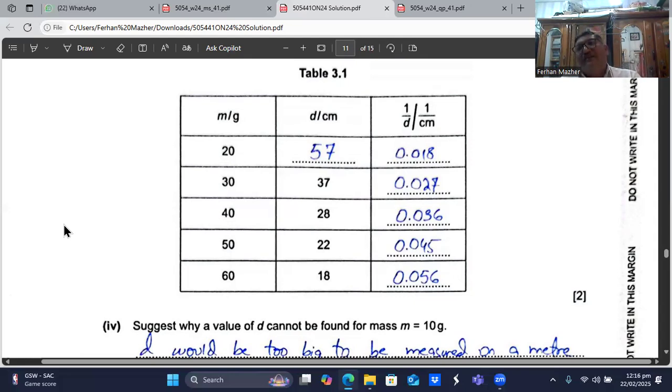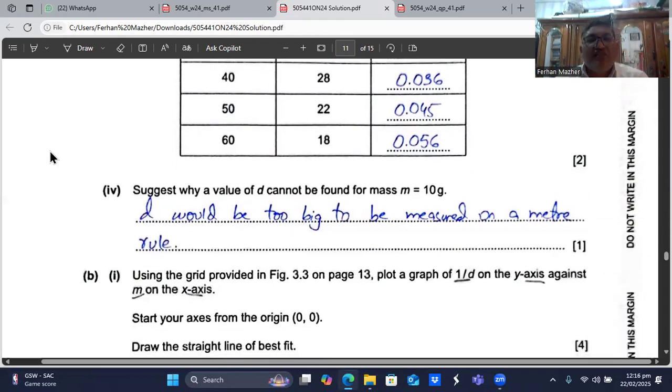So you only have 75 centimeter of the meter rule on the right side. If you make the mass less than 10 grams, the distance you have to move the mass away from the pivot to achieve balance will become more than 75 centimeter, and you will be off the meter rule. I hope you understand what I'm saying.